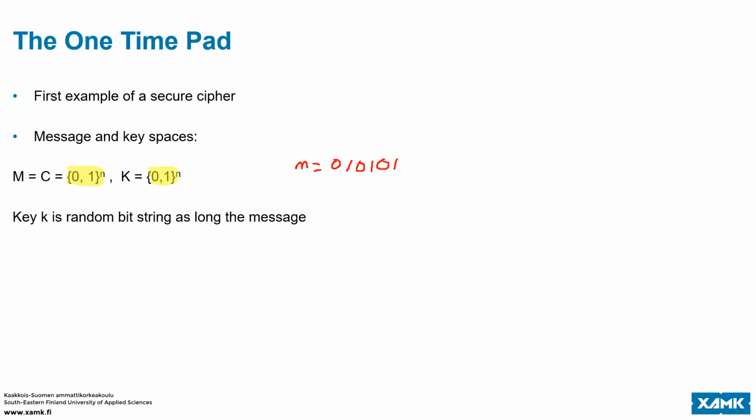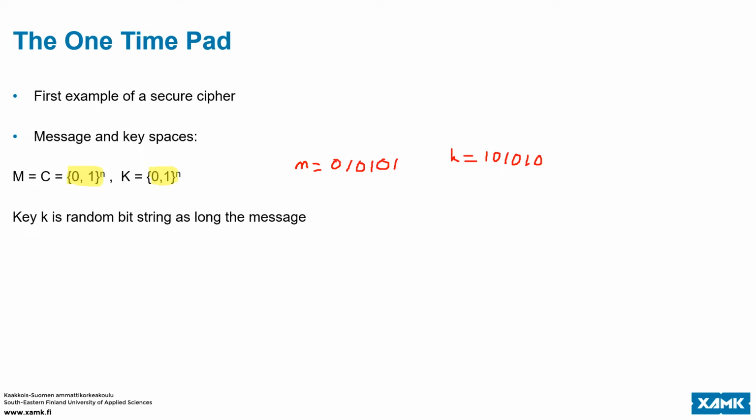Let's say it's going to be 010101. A valid key might be 101010, and we'll come back to how a ciphertext would be formed from this message and this key.